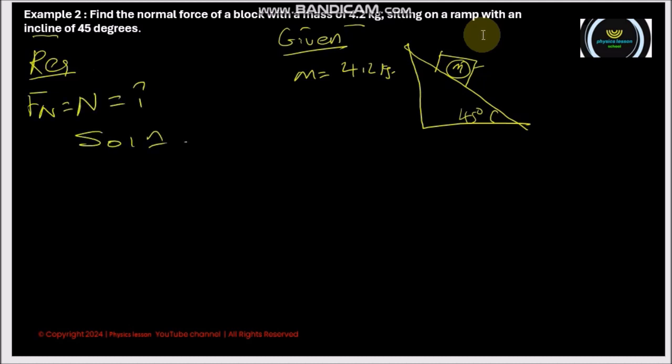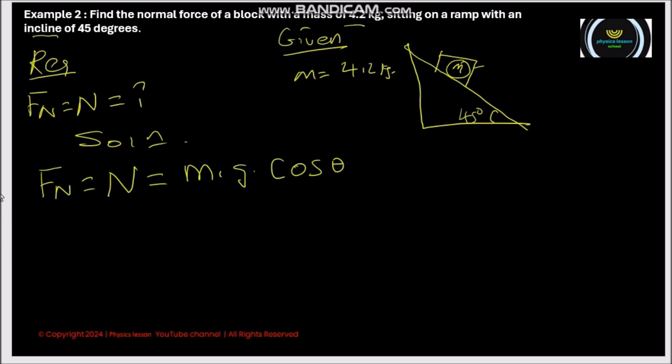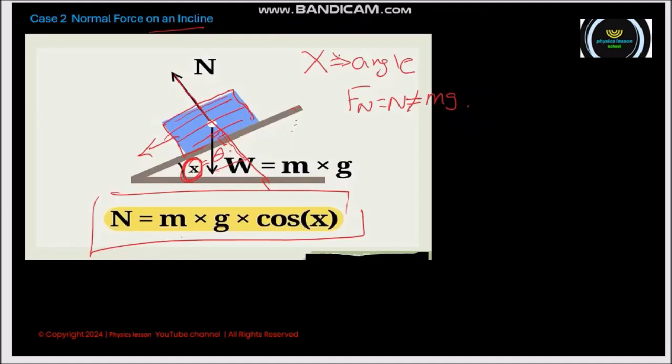Solution, it's on an inclined ramp, so it's similar to this inclined plane. We found the normal force, or N, is given by m g cos theta. We have already seen this mg cos theta.